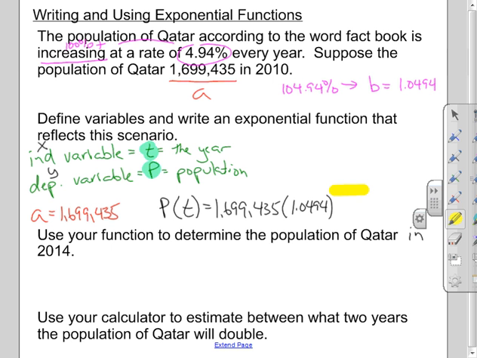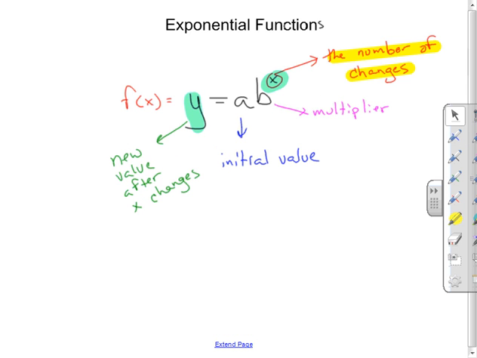Well, if I wrote t, that would not be correct, because if you notice the way I defined it, t is the year. But we need to also keep in mind that the exponent has to be the number of changes.